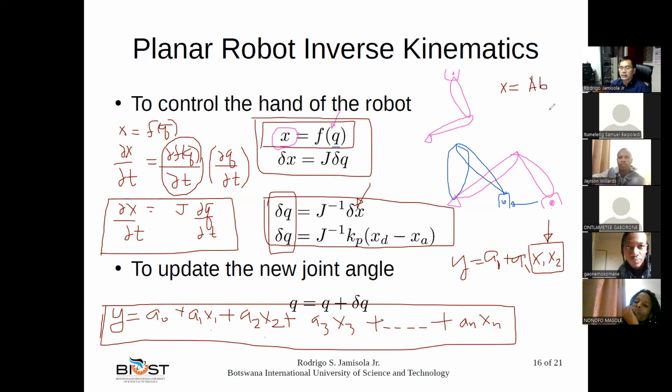It is linear if an expression can be written as x equals a times b, with the terms, vectors and matrices expressed that way, or b equal to a times x, or some matrix M times X.